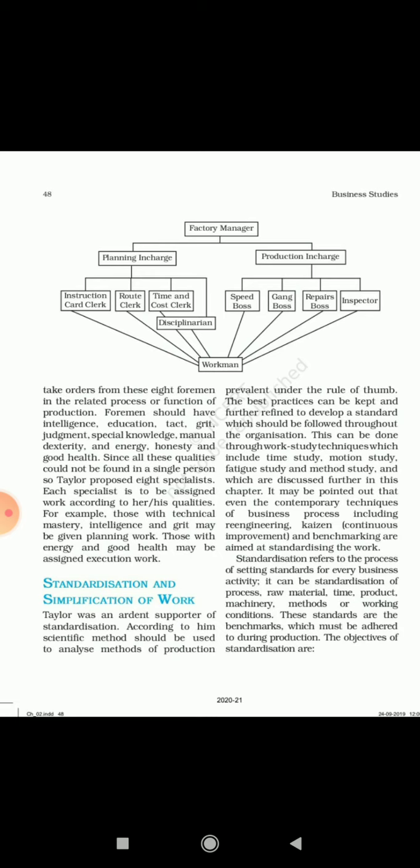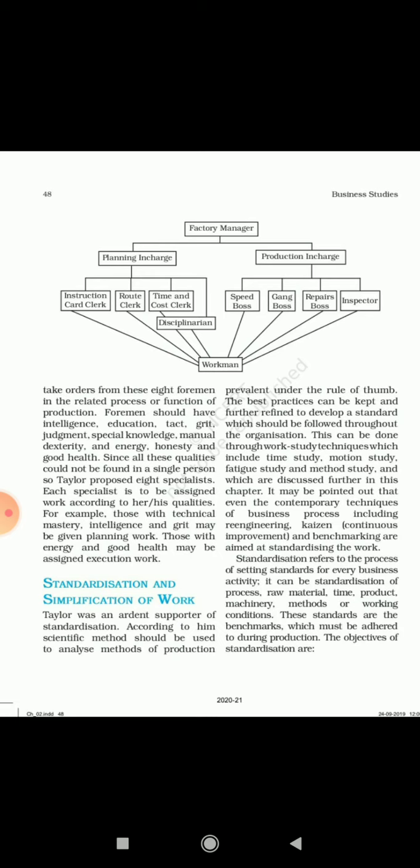To set up a standard, the management must make use of work study techniques, which include time study, motion study and fatigue study. Even modern techniques are utilized, and on the basis of all these studies they try to maintain the standards.